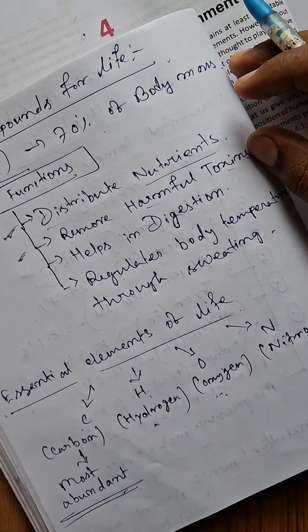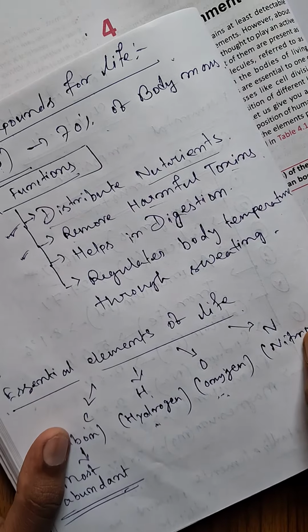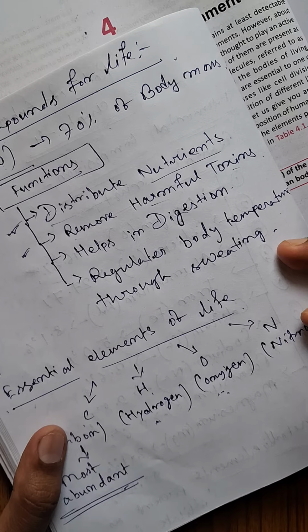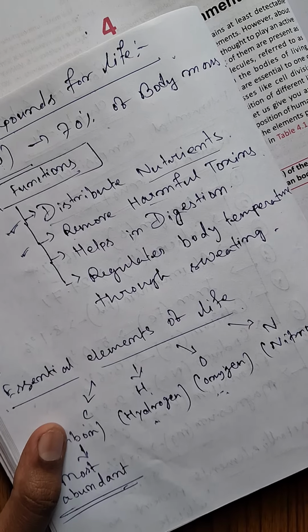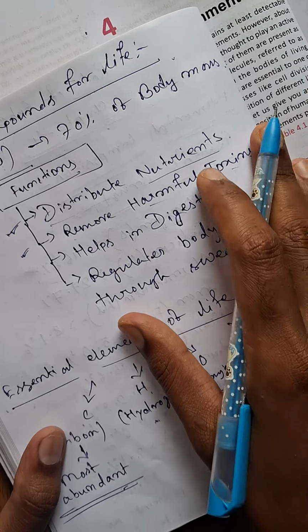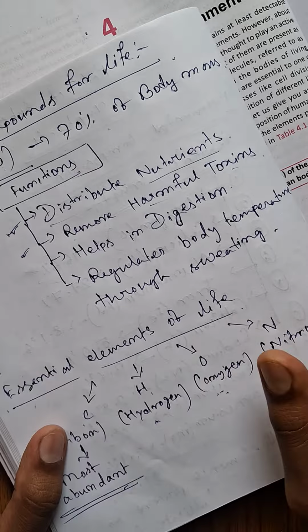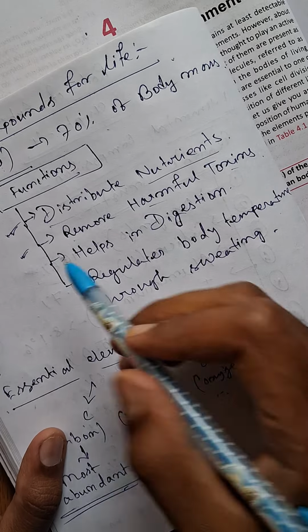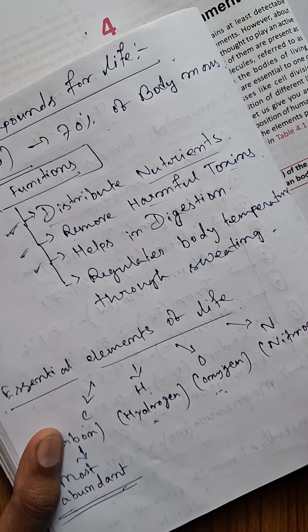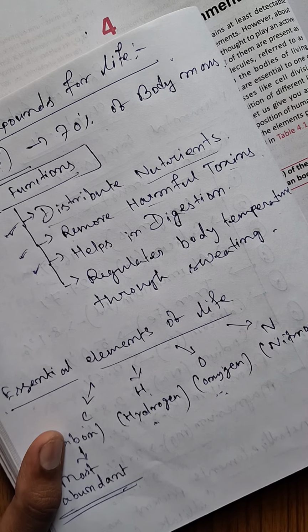Water helps to remove the harmful toxins produced by our cells, and removes them through urine. Next, it helps in digestion, by bowel movement.